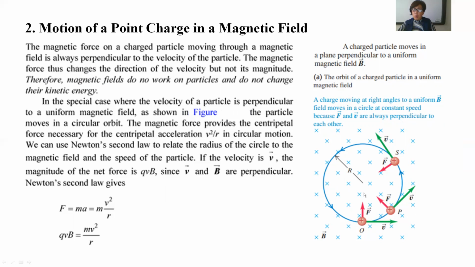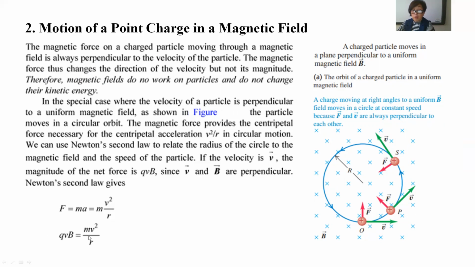Using Newton's second law, F equals ma, this is the direction of centripetal force and this is the direction of centripetal acceleration. We replace centripetal acceleration with v squared divided by r, and this is the direction of the Lorentz force, and the angle between force and velocity equals 90 degrees.